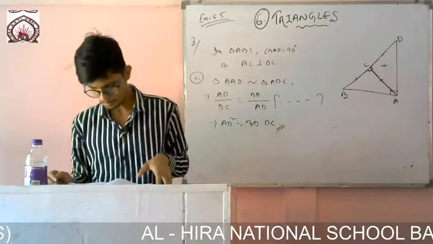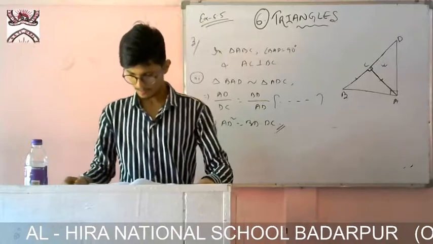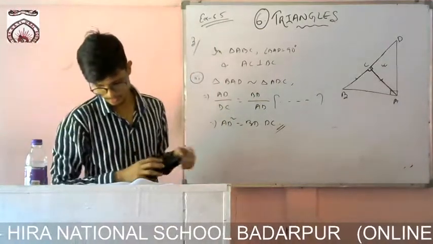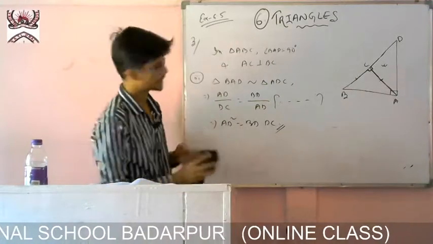Okay, now let us move to question number 4. ABC is an isosceles triangle, right angle at C. Prove that AB square equals twice AC square.